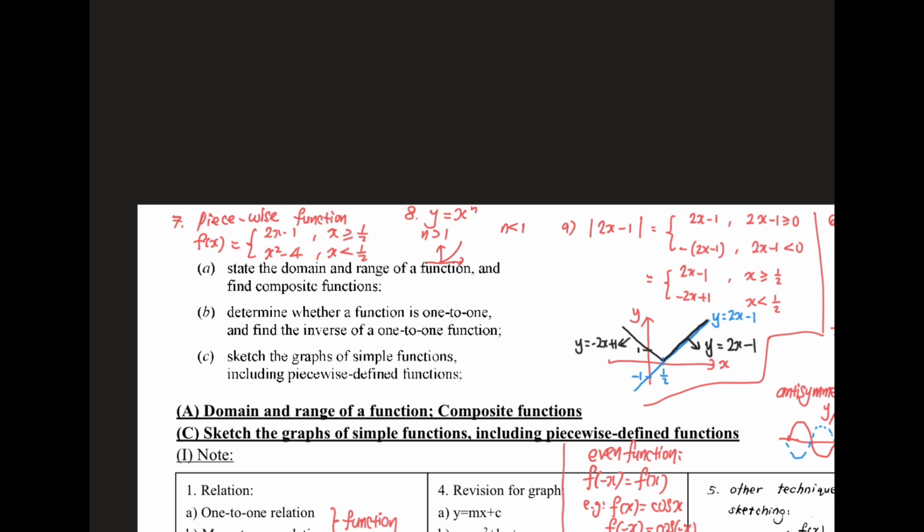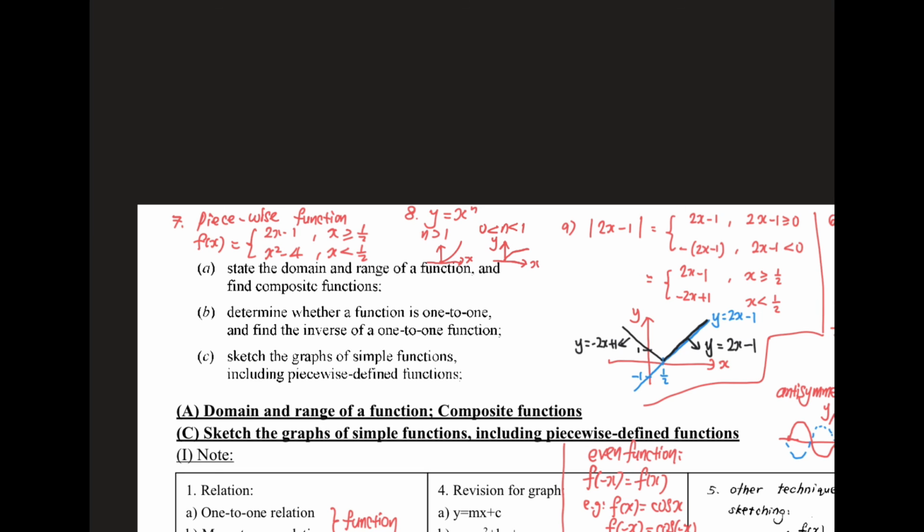When n is less than 1, of course here I have to put additional information. n is still positive, so it should be greater than 0. So n is greater than 0, so in that case the graph is like that. Okay, so this is some general technique in graph sketching.